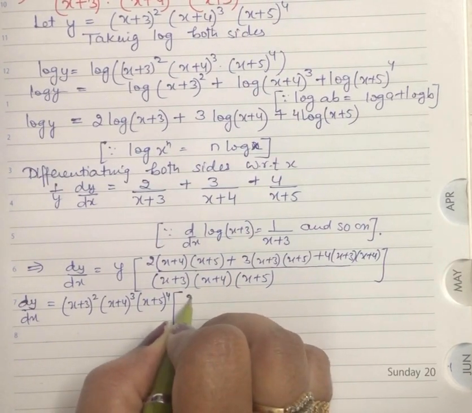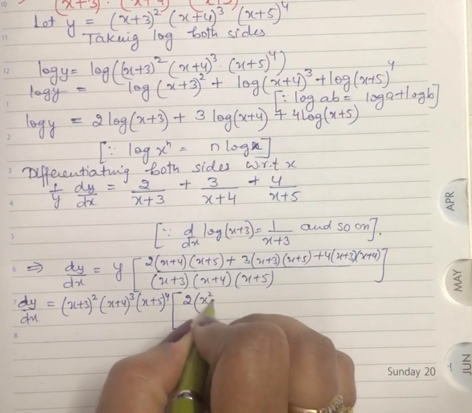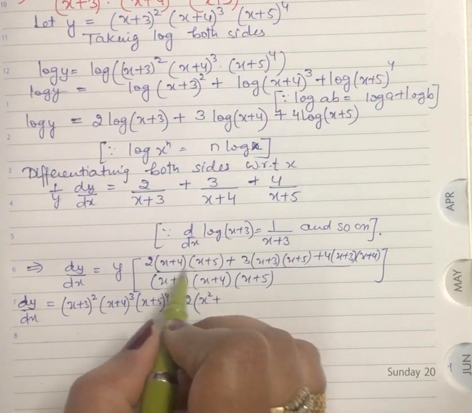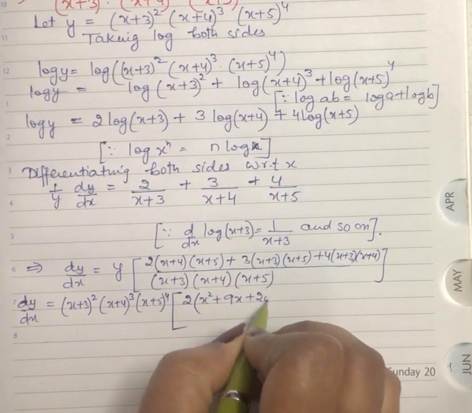Now the numerator will become 2 multiplied by (x square plus 4x and 5x, 9x plus 20).